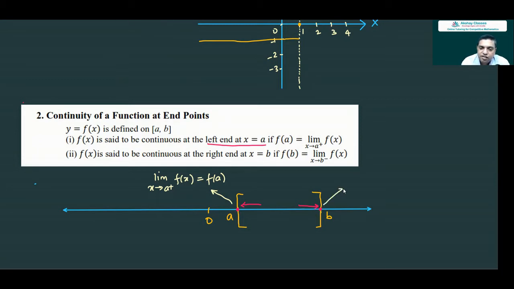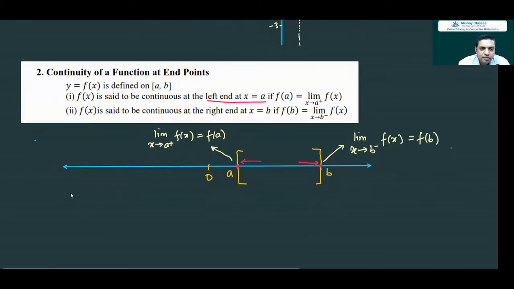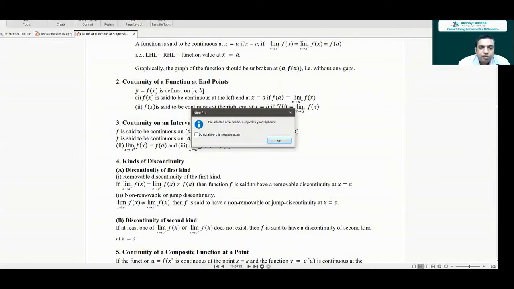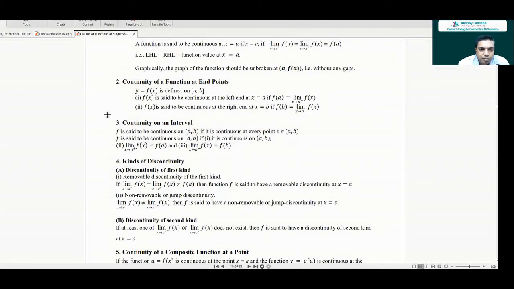So at this point, the continuity condition will be limit x tending to b minus f of x should be equal to f of b. Then it is continuous at b. All right. Now we have discussed continuity at a point. Now continuity on the entire interval.